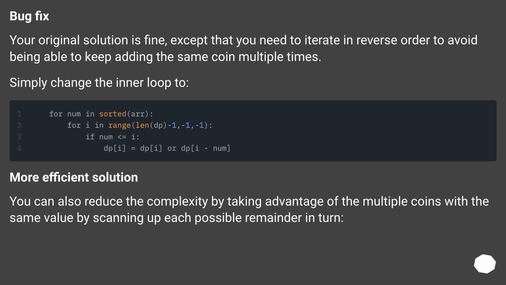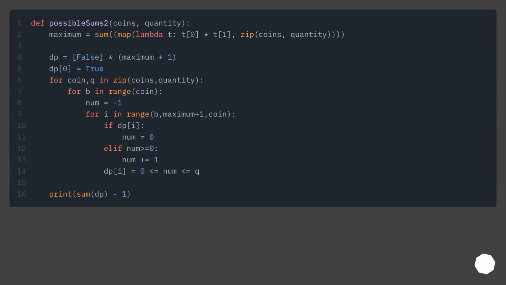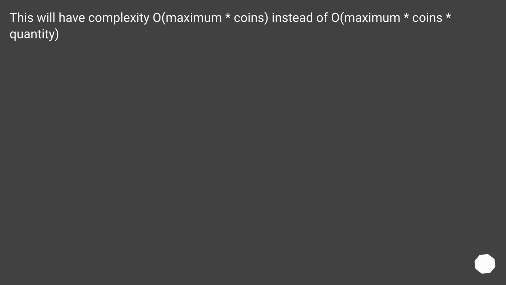Simply change the inner loop to iterate in reverse. For a more efficient solution, you can also reduce the complexity by taking advantage of the multiple coins with the same value by scanning up each possible remainder in turn. This will have complexity O(maximum * coins), instead of O(maximum * coins * quantity).